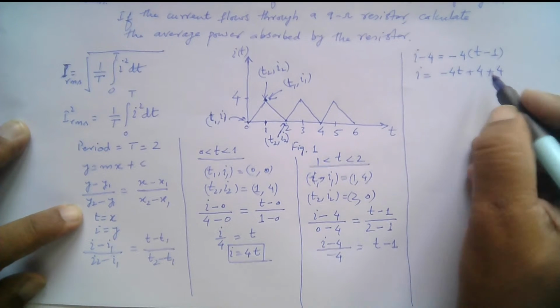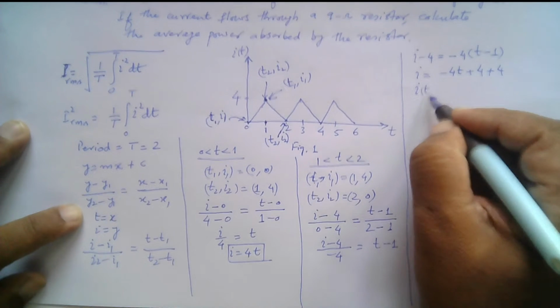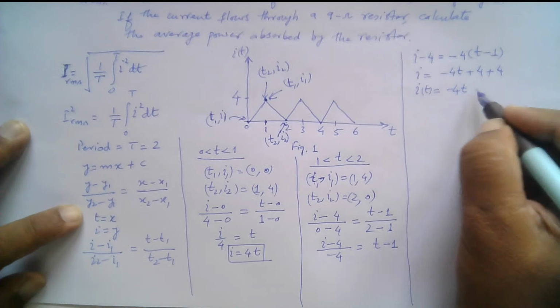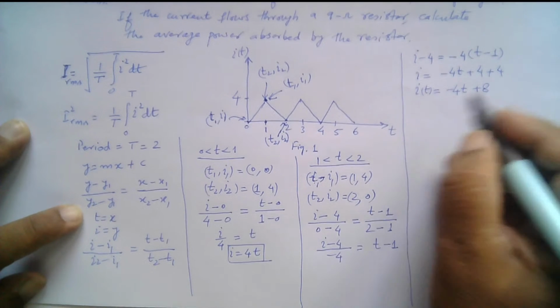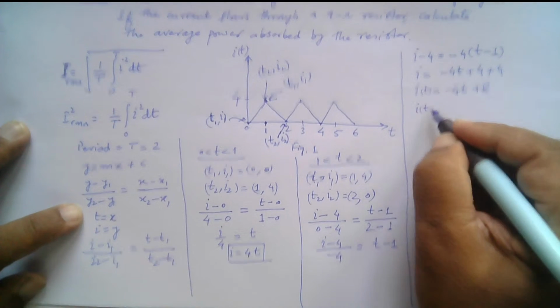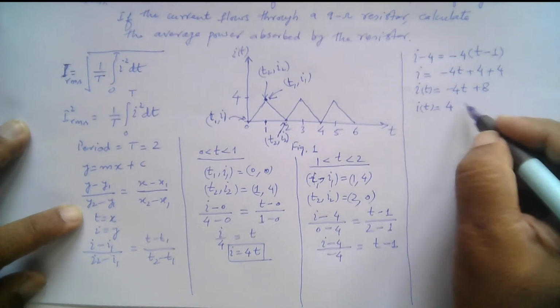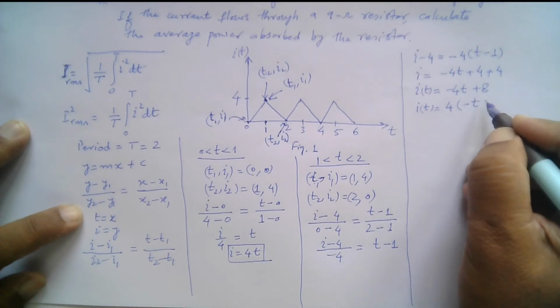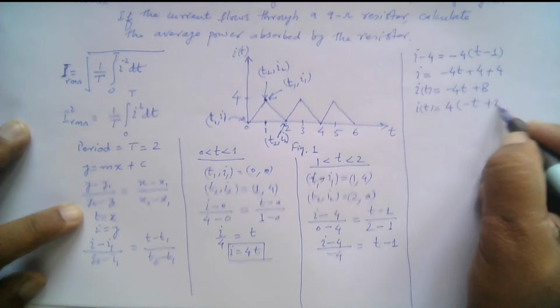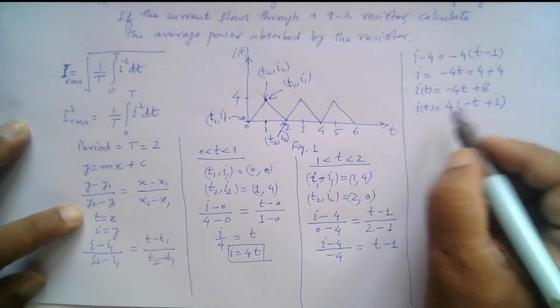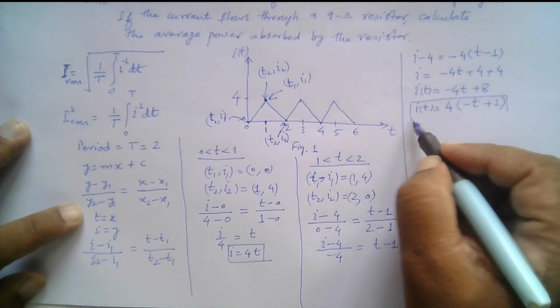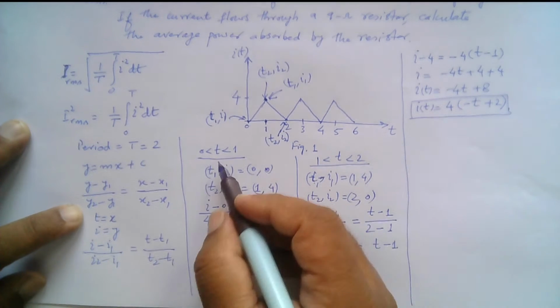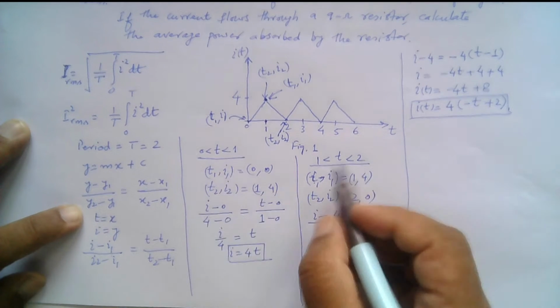So I of t is equal to minus 4t plus 8, or in other words, I of t is equal to 4 times (minus t plus 2), and this is for the interval t from 1 to 2.